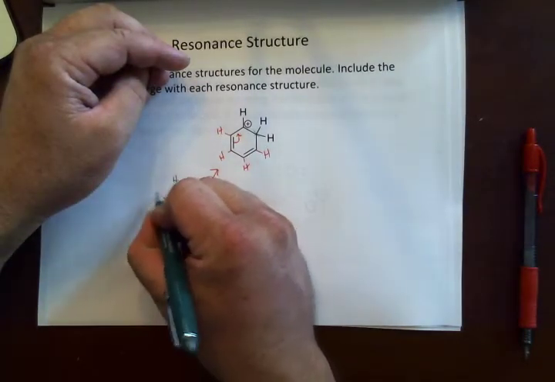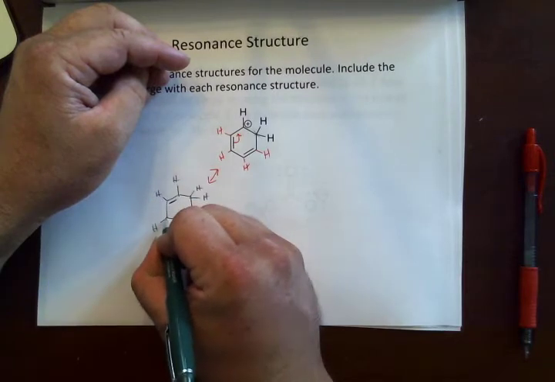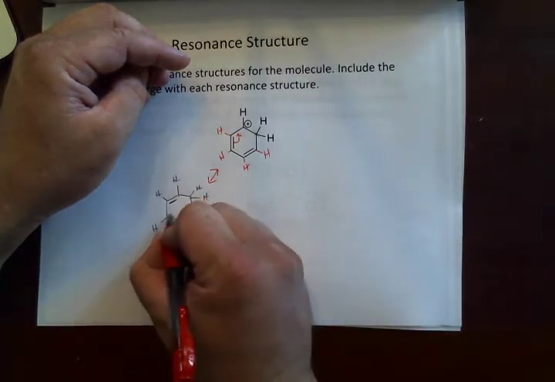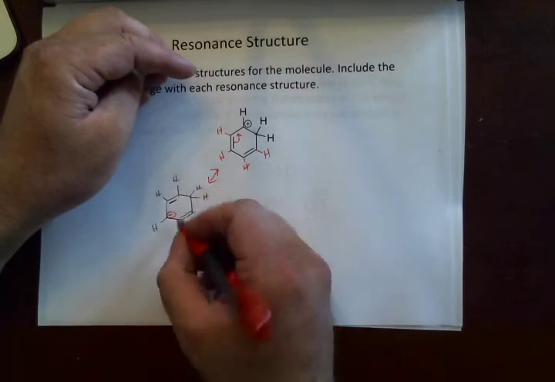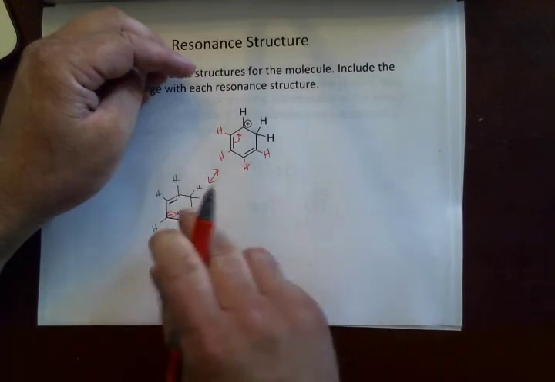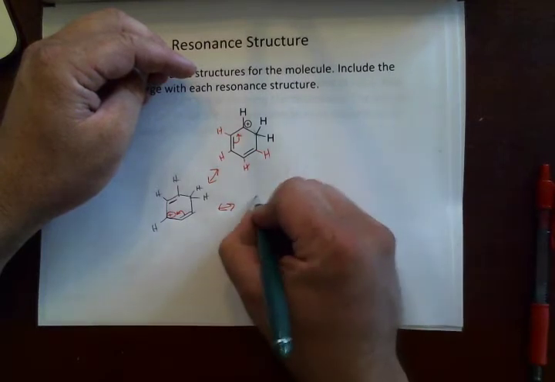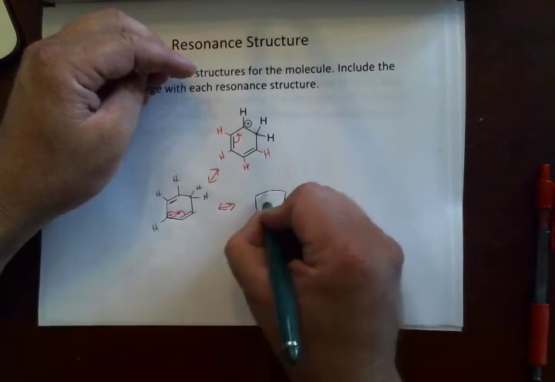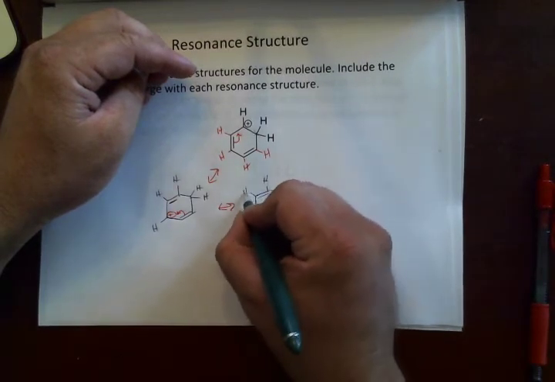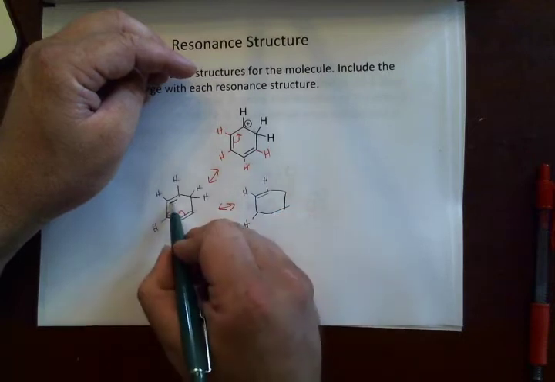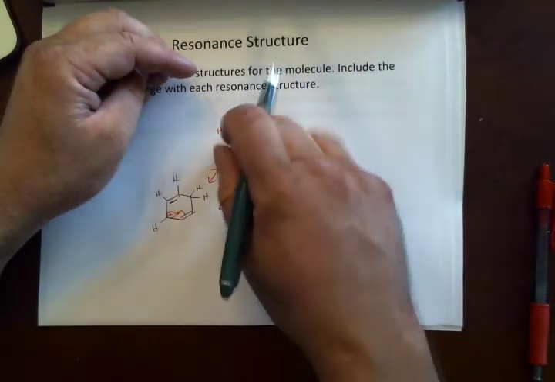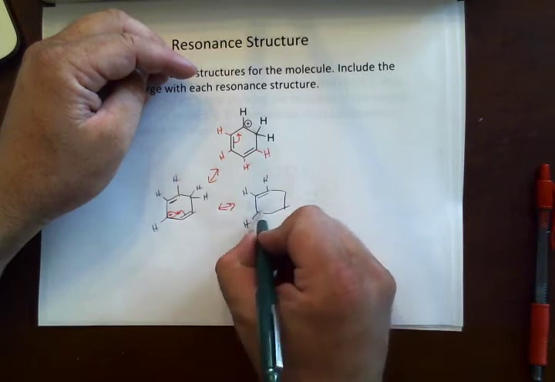This one goes here. Now this carbon has a plus charge because it only has three bonds, so we can move this double bond over here. So we can make this. We could move this bond back down here, but you would just generate this structure again.